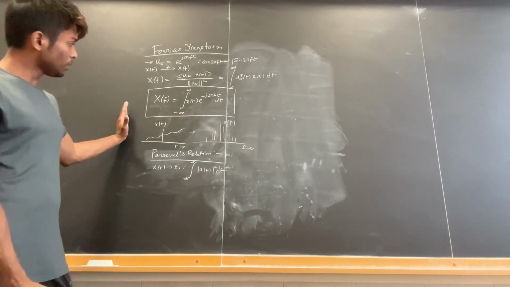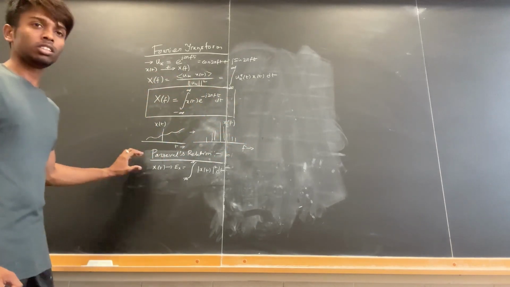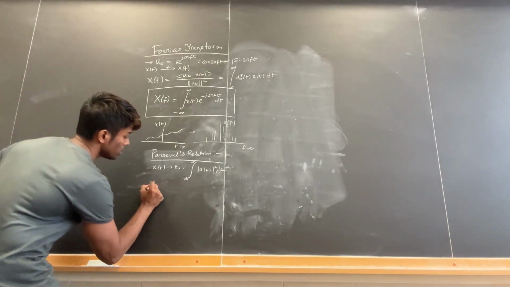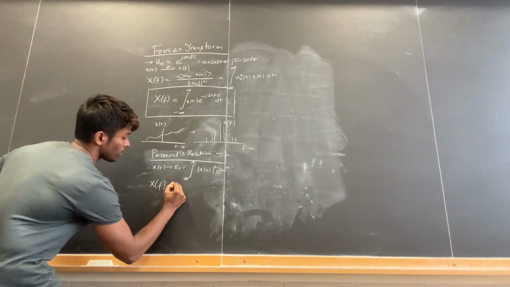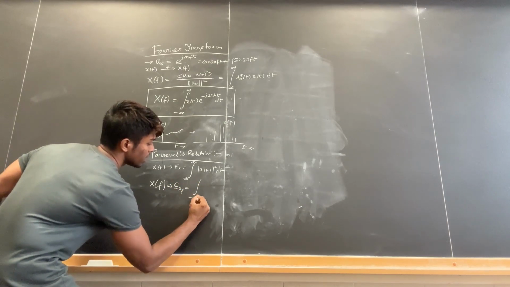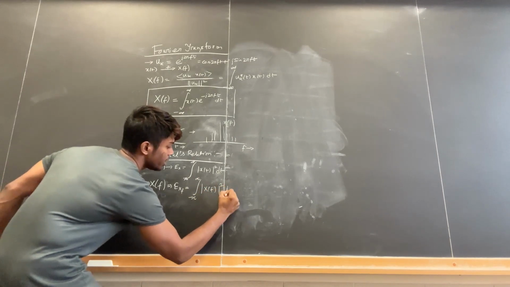So when we transform the signal from time domain to frequency domain, what happens is the energy is conserved also in the frequency domain. In that case, the energy of the signal xf, EXF, is equal to integration minus infinity plus infinity modulus of xf square df.